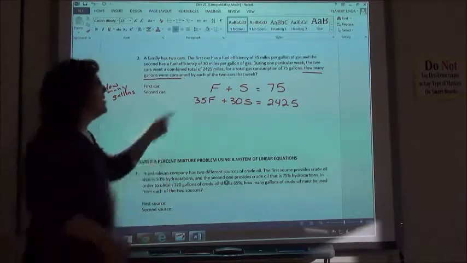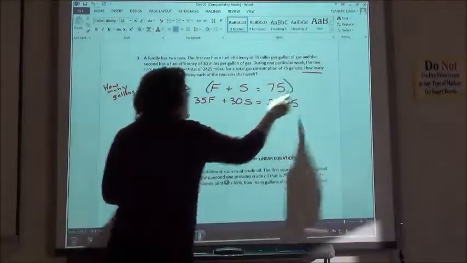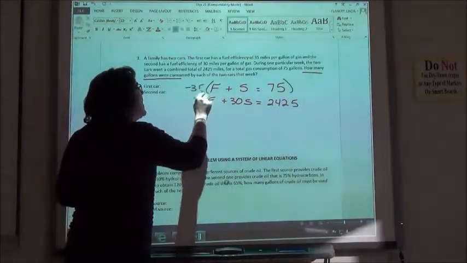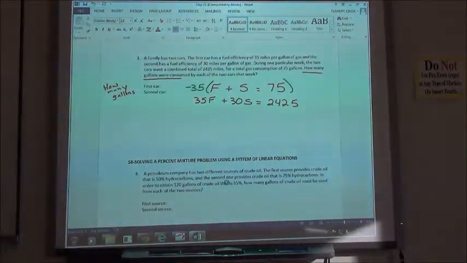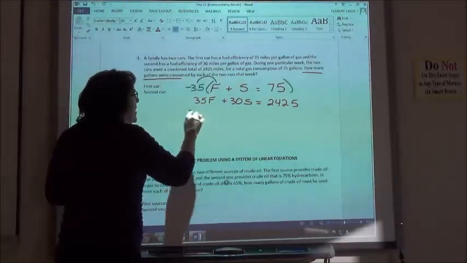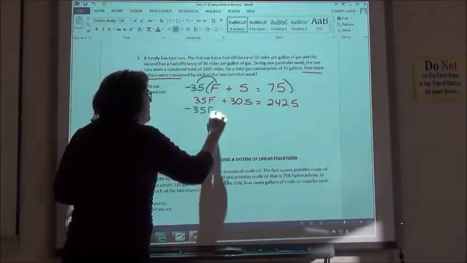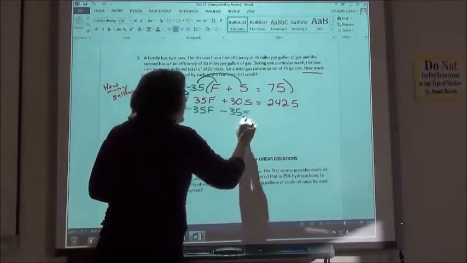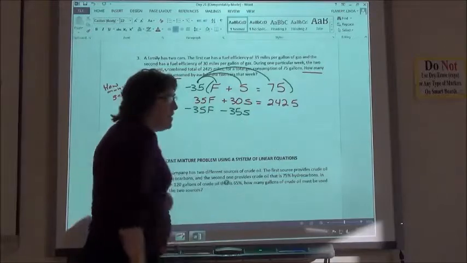If I'm going to get rid of the F, I'm going to multiply by the opposite of what's in front of the F, so I'm going to multiply everything in that top equation by negative 35 then. And then I'm going to use my distributive property. So negative 35 times F, negative 35 times S, and then we have to take negative 35 times 75.